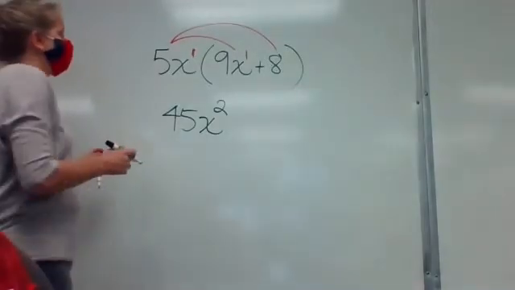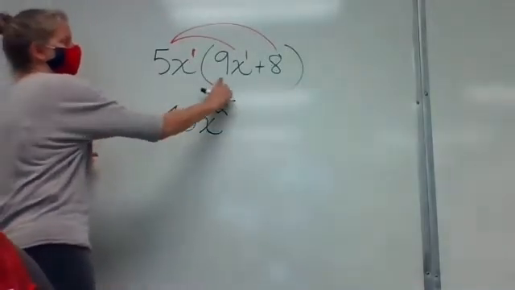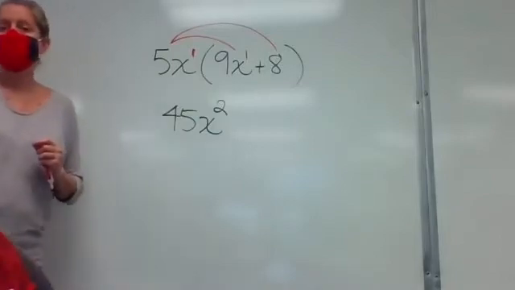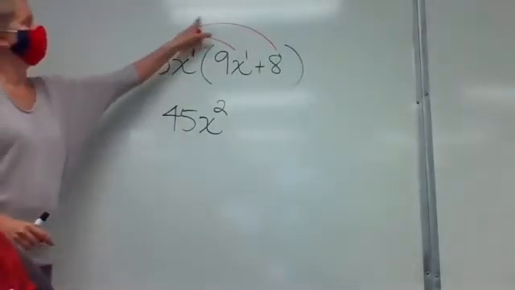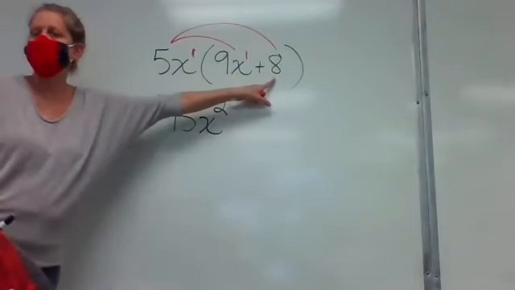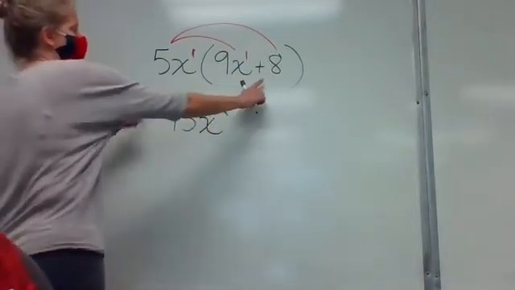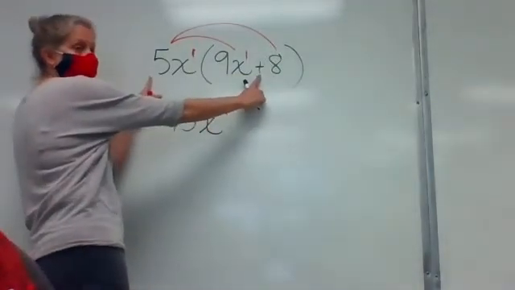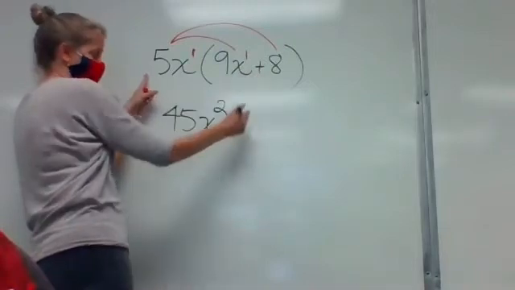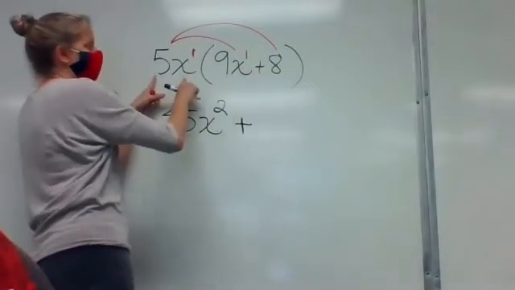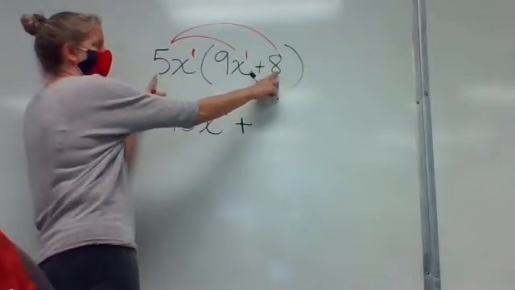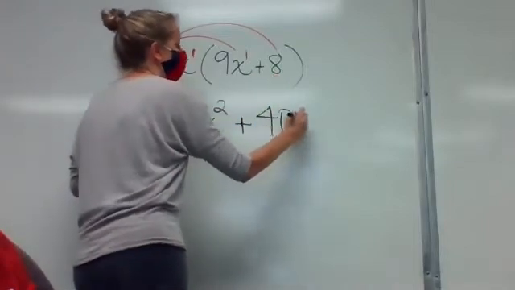So what have I done so far? I've done the 5x times the 9x. Now what do I need to do? 5x times 8. So what's the sign going to be? Positive. And 5x times 8 gives you what? 40x. Good.